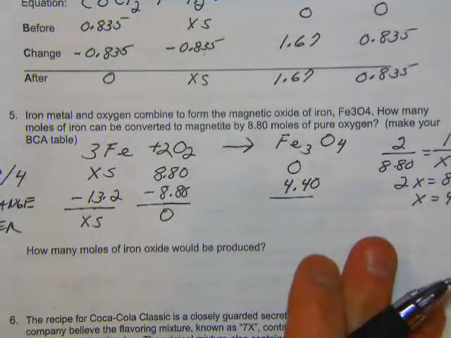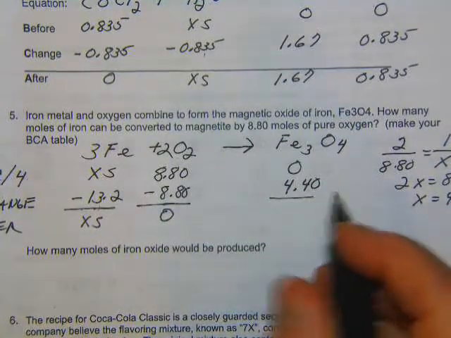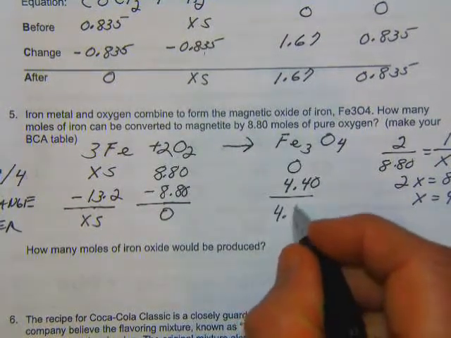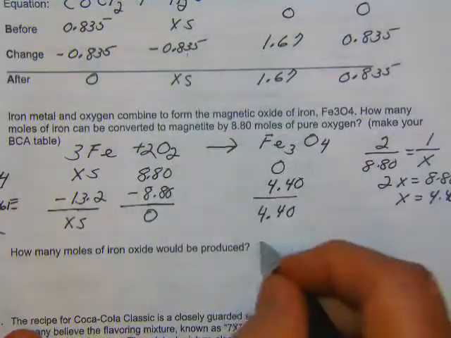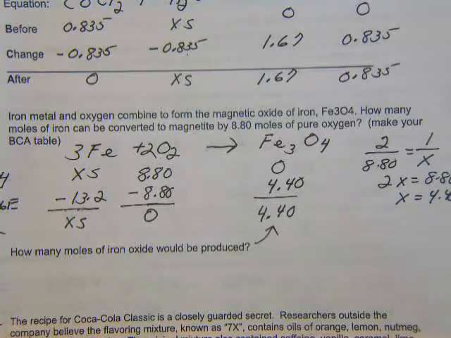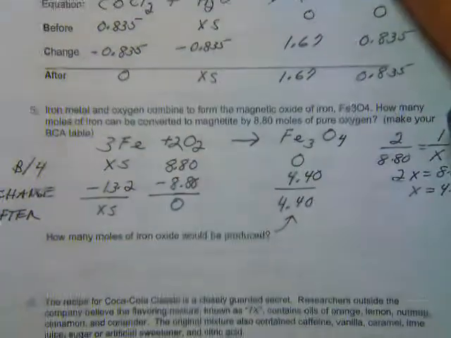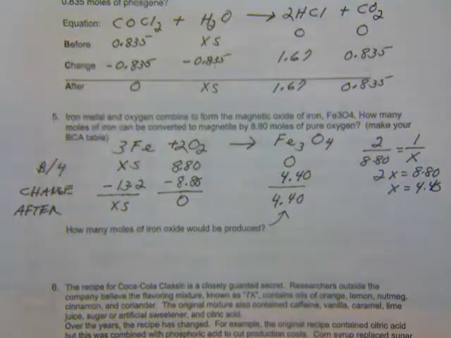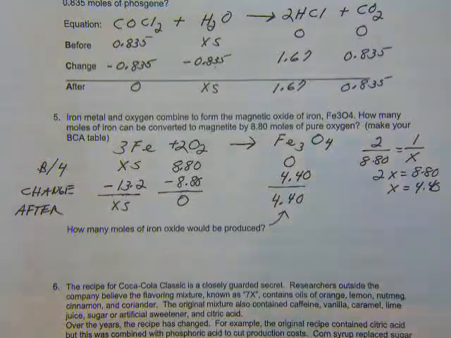So we've got some extra iron. And we're going to get 4.40. And how many moles of iron oxide would we produce? There's our answer there. So again, pretty much the same thing we've been doing. Just a little bit different twist on it, but the procedure really remains the same.